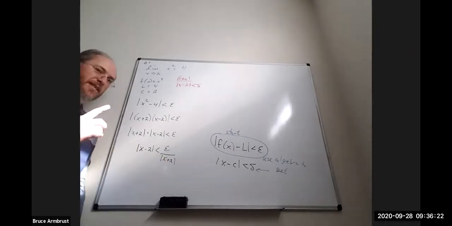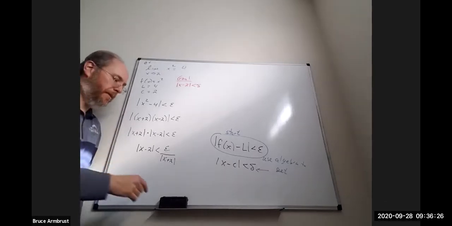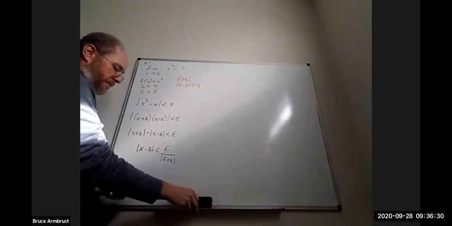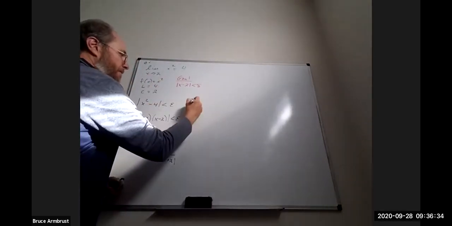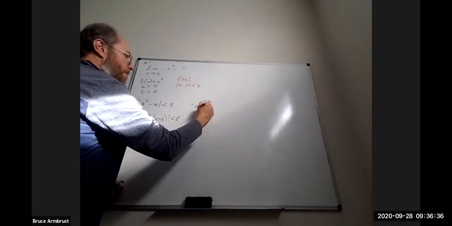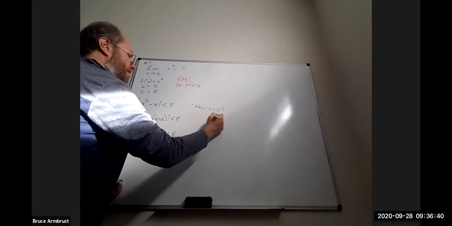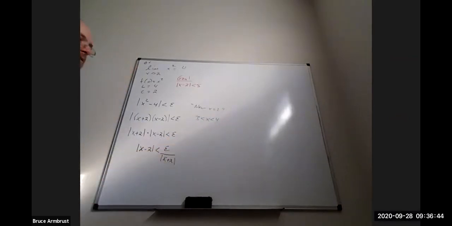So we're going to play just a little bit of a trick. It's a minor little trick, but think about this. If we're near 2, because that's kind of what we're looking at, right? So I'm going to put here, quote unquote, near 2. What if I were to say, okay, my x's are going to be between 3 and 4.